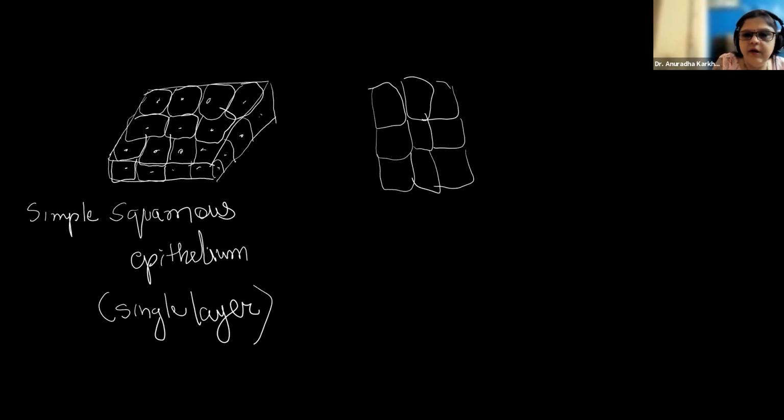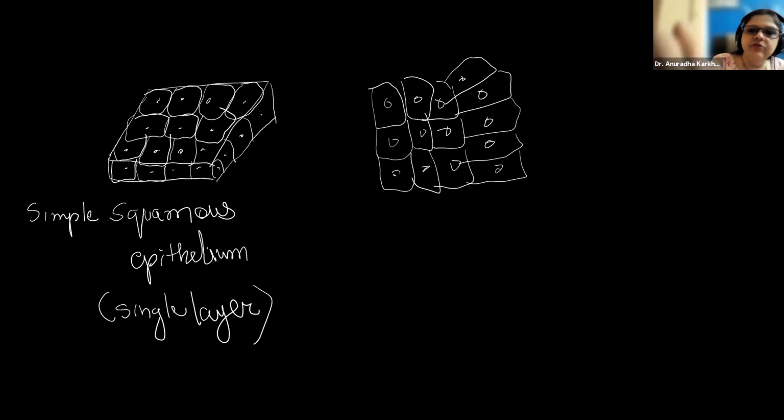Right? And you'll be having such type of multi-layered. So here what is happening, see? The cells are forming one above the other. एक के ऊपर एक. So there are going to be many like this way, one above the other.